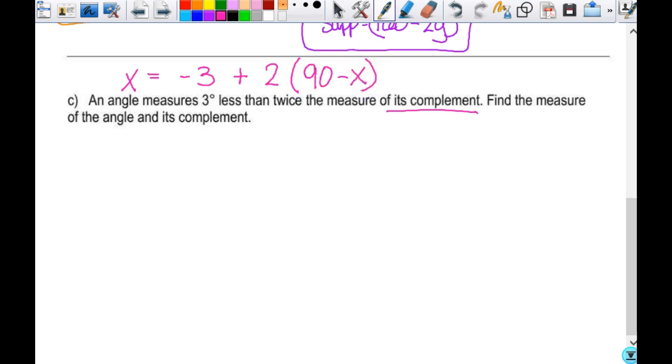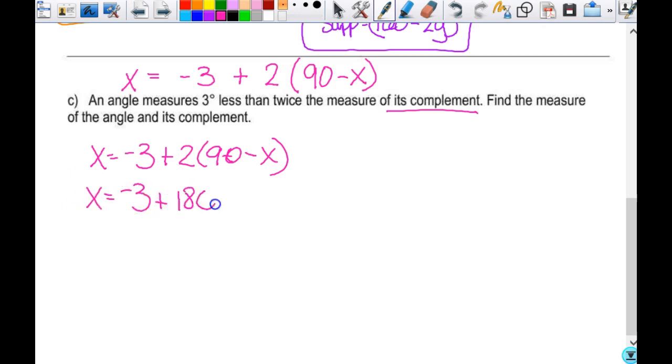So when you reread this, the angle measure is 3 degrees less than twice the measure of its complement, right? Do you see how you do it a piece at a time and go back and make sure it fits? Then you have it. x equals negative 3 plus 2 times 90 minus x. And then I just solve it. So x equals negative 3 plus 180 minus 2x, right?